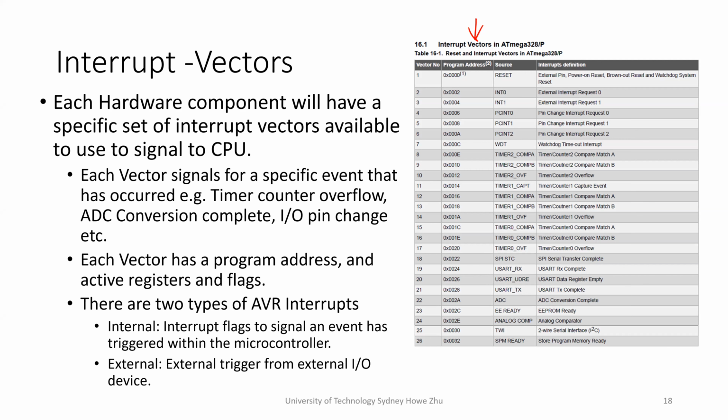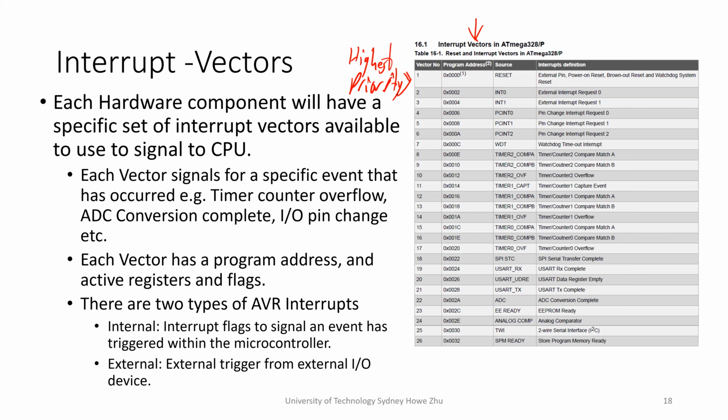Another thing to note is that this interrupt table also gives you the priority of the interrupts. Reset will always be the highest priority. So what this means is that if the reset button is pressed, it doesn't matter what else is happening in your system. It could be doing another interrupt. It could be doing any operation.